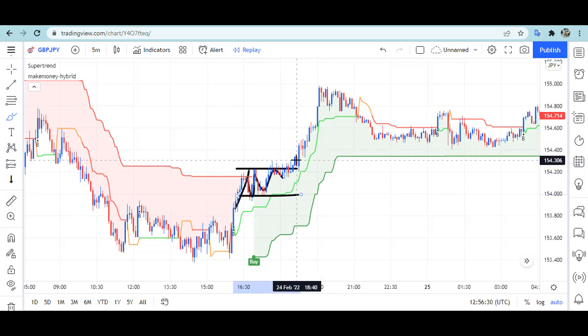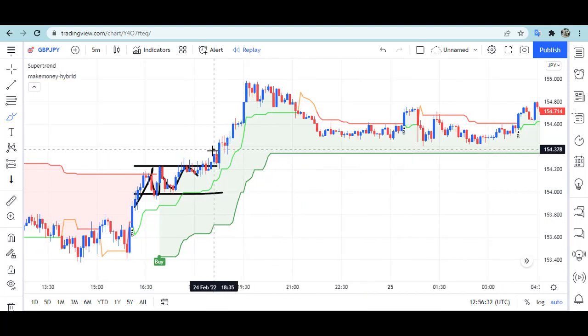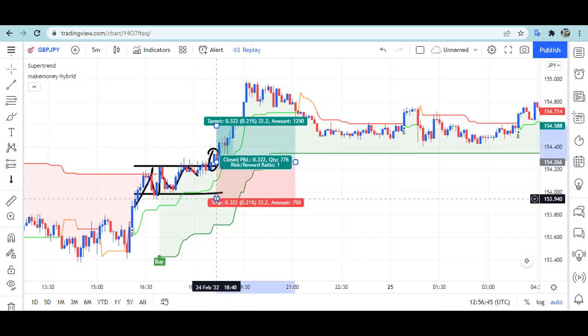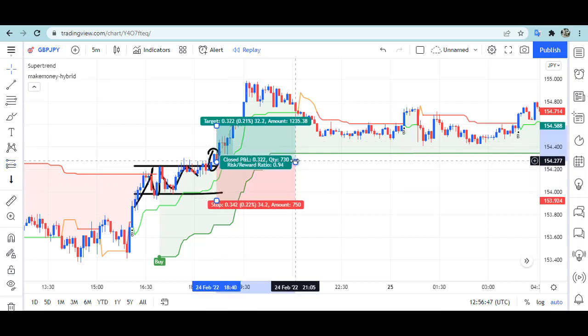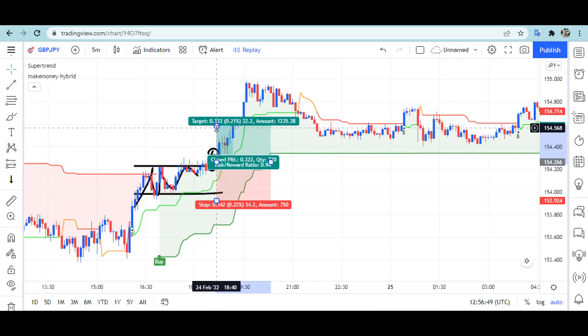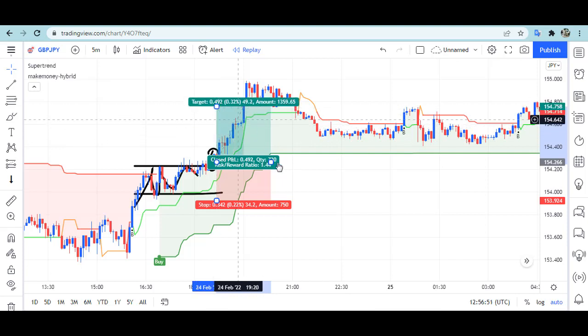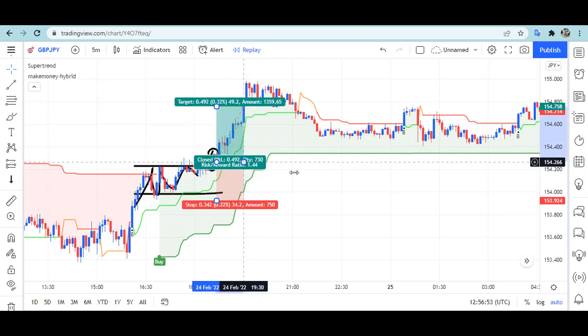Wait for price to break above the trading range high and enter after the breakout. The stop loss will be below the range low and risk and reward at least 1-to-1 minimum.